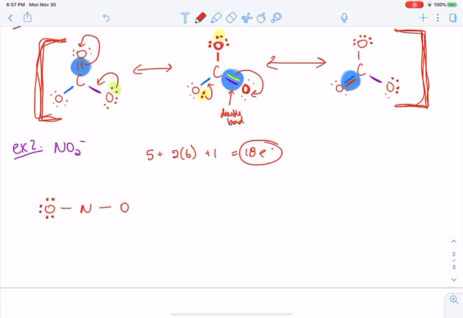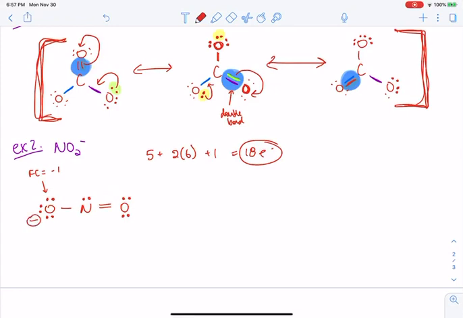Let's lone pair these guys up. Okay, so this oxygen has a formal charge equal to -1. You can prove that to yourself. It's in the 6th group and it has possession of 7 electrons. 6 minus 7 is -1. This nitrogen's neutral. That oxygen on the other side is also neutral. So I show this by putting a little negative charge there.